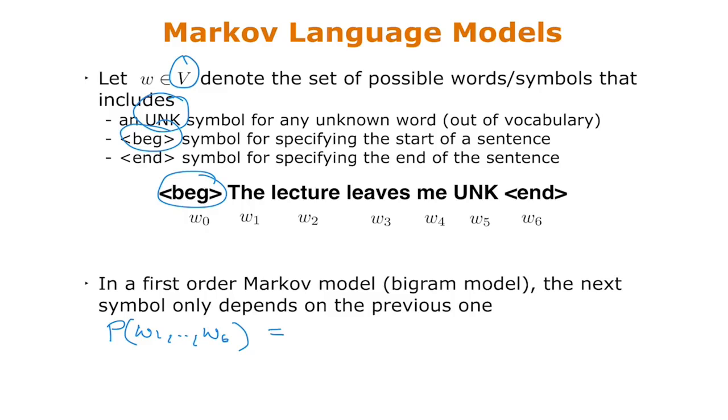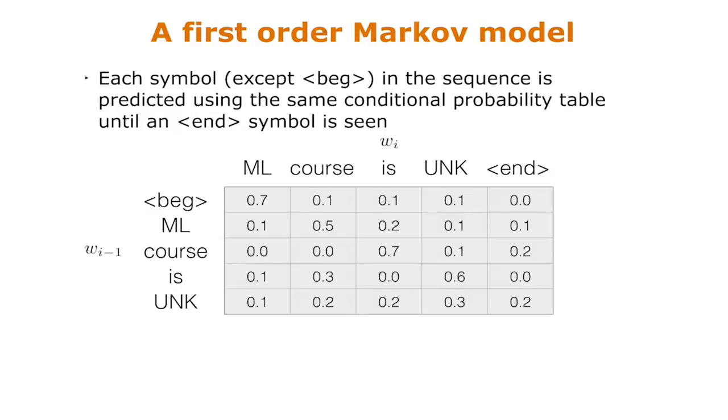We write that as a product of probabilities of generating each of the words based on the preceding word. So generating the first word based on that beginning symbol here, all the way to predicting the last word based on what precedes it. And the last word, since the sentence ends, must be the end symbol.